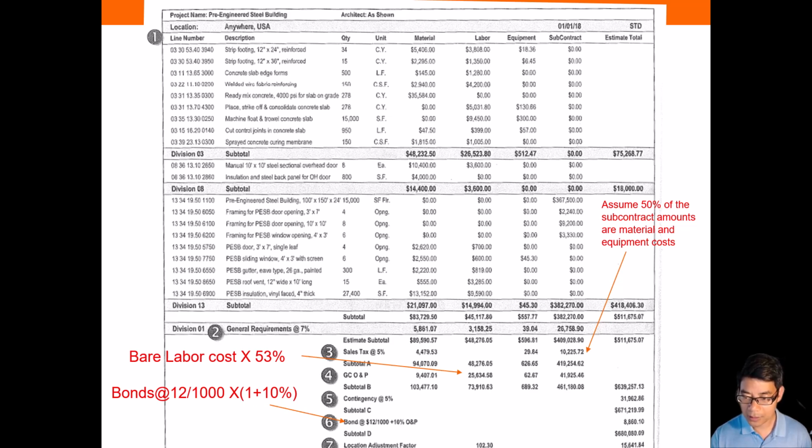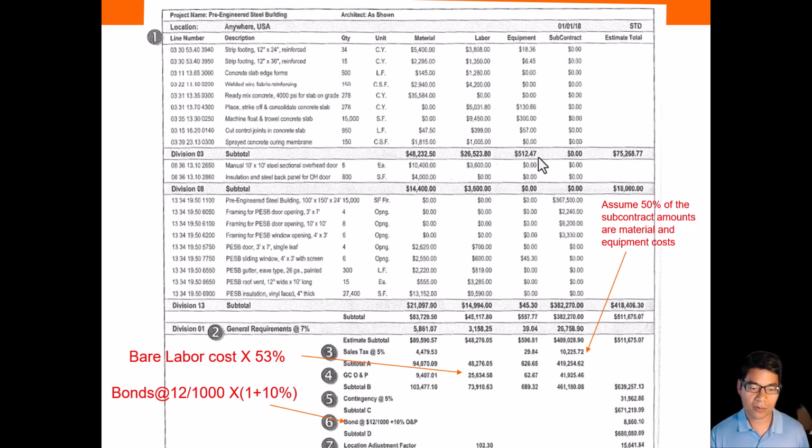So basically this number, 695,000, is this number 680 times 1.1023. All right, so this is just basically 2.3% of this number. So that's the complete process of doing detailed cost estimate using unit price from the R. Smith's book.